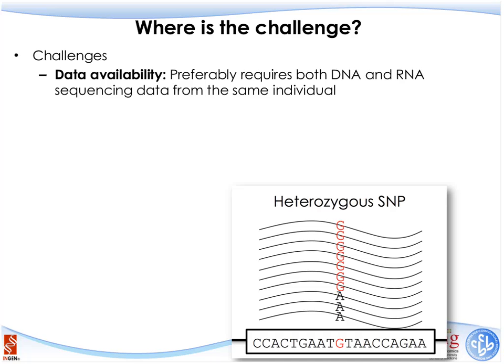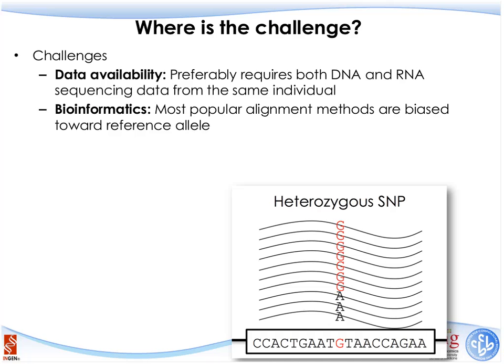For example, if at the DNA level this location is a heterozygous variant with A and G alleles, but the A allele did not express at all, what you observe is only the G allele. From the RNA sequencing alone, you may make the wrong conclusion that this is a homozygous reference. There's no heterozygous variant there, which limits the power of studying allele-specific expression.